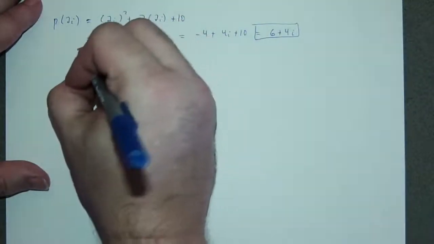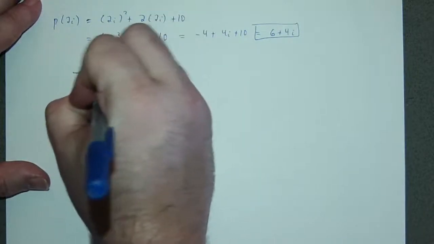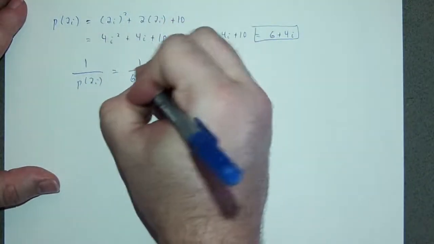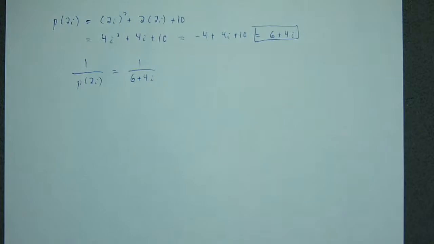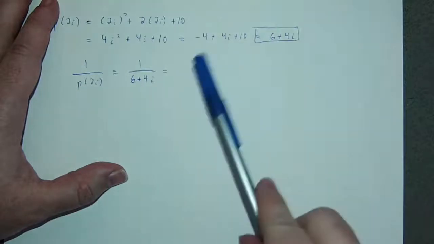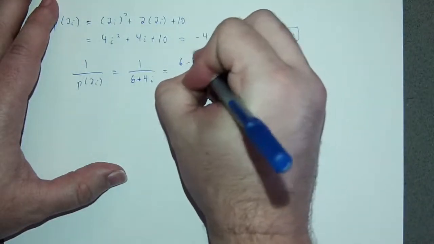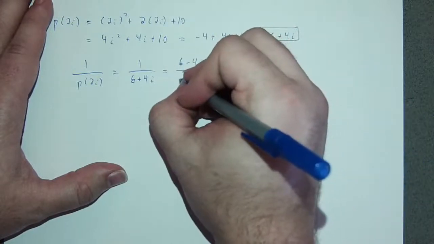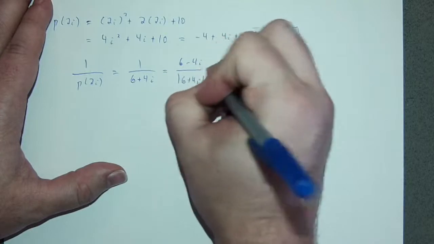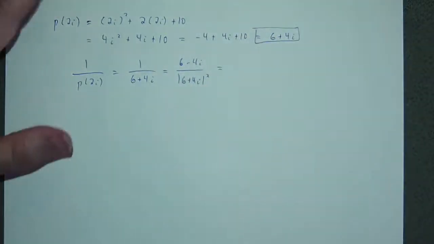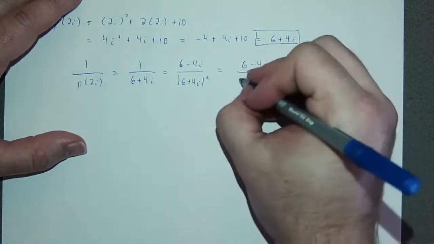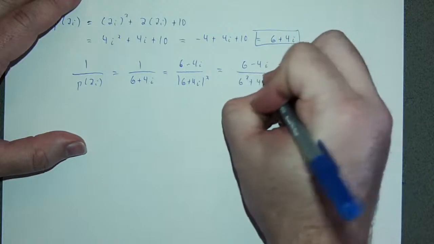So then what is 1 over p of 2i? This is 1 over 6 plus 4i. But how do I divide by a complex number? This is the conjugate, 6 minus 4i, divided by the modulus of this thing squared. So this is the modulus of 6 plus 4i squared. So this is 6 minus 4i over 6 squared plus 4 squared.